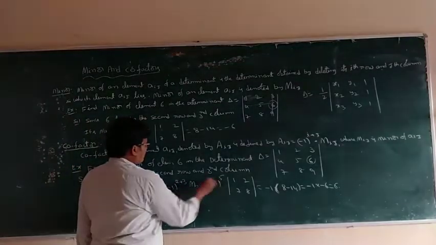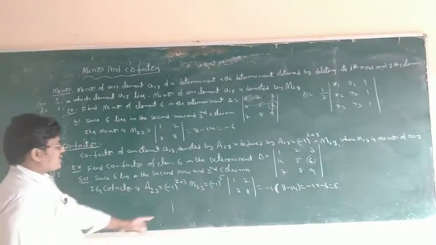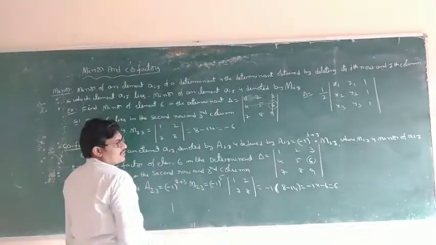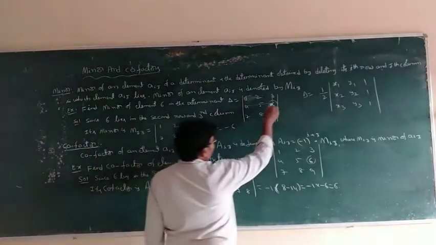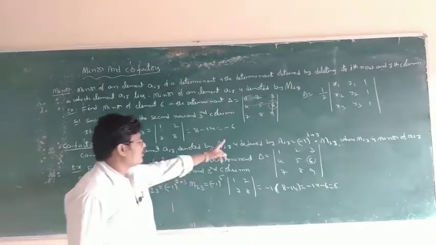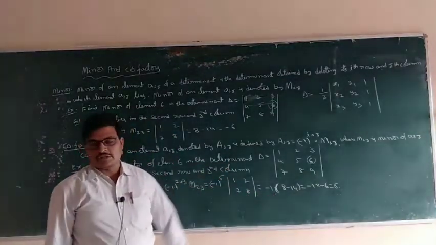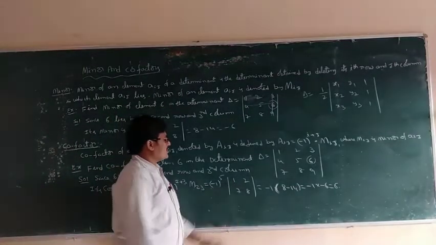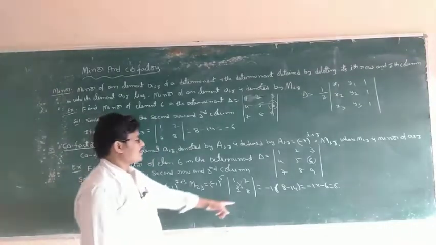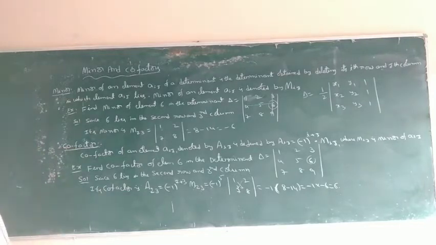The minor means the corresponding row and column are deleted, the remaining 2 by 2 matrix being 1, 2, 7, 8. That is -1 whole power 5, which is -1, into the determinant of the 2 by 2 matrix by cross multiplication, 1 into 8 minus 14, which is -6. -1 into -6 is equal to +6.